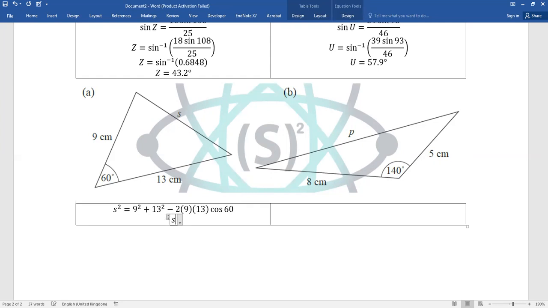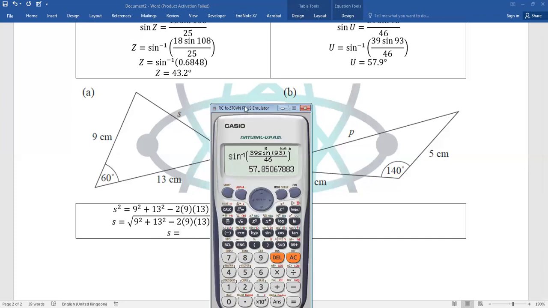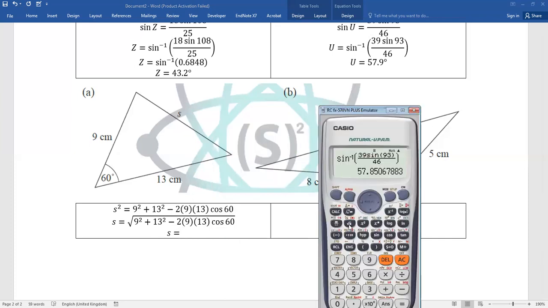Now, in order to get s, you can put this entire thing in the calculator as well. Or if you want, you can find its decimal value as well. I'll show it to you both ways. Calculator will respond, but you have to be smart about it.